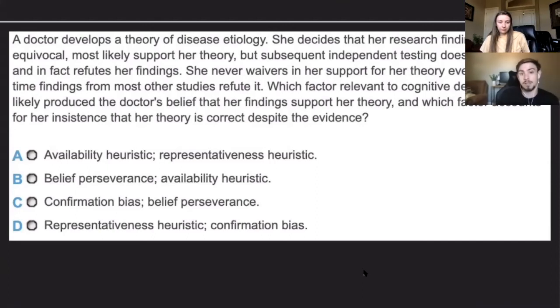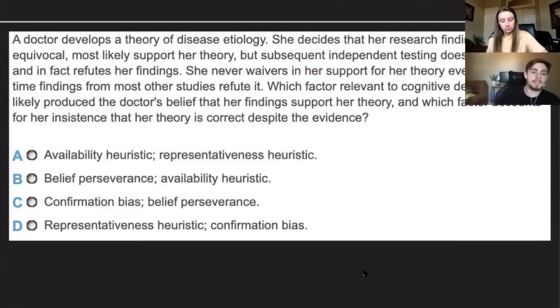She's probably giving more attention to the findings that go in line with what she thinks, which is human. She's not a bad person. See, and which factor accounts for her insistence that her theory is correct despite the evidence? So let's go ahead and go through these.